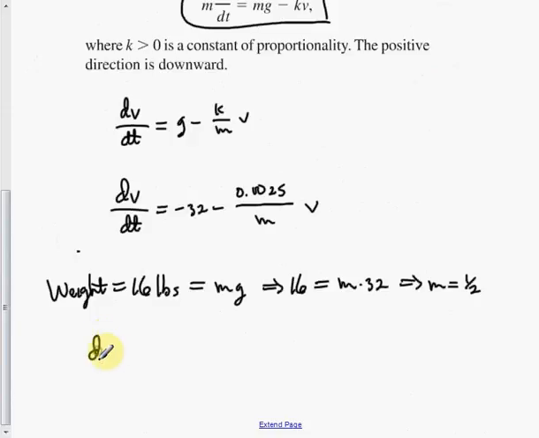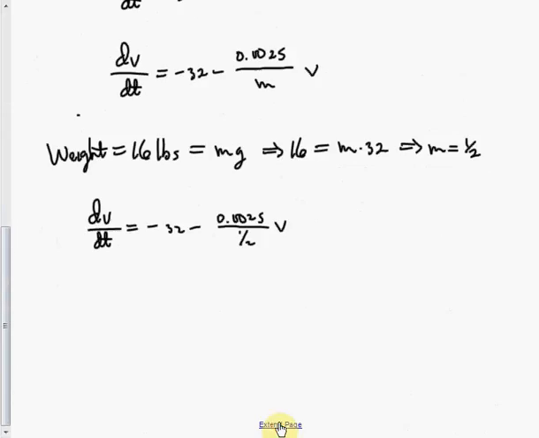So here dV over dt is equal to negative 32 minus 0.0025 all over 1/2 times V. So you get dV over dt is equal to negative 32 minus 0.005 V.